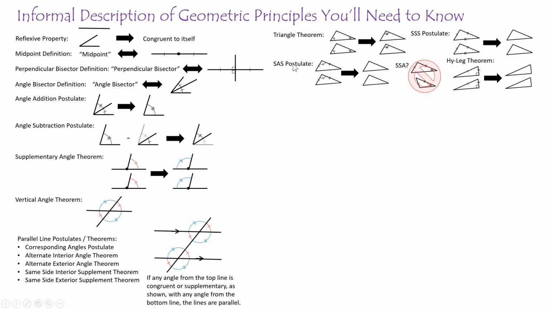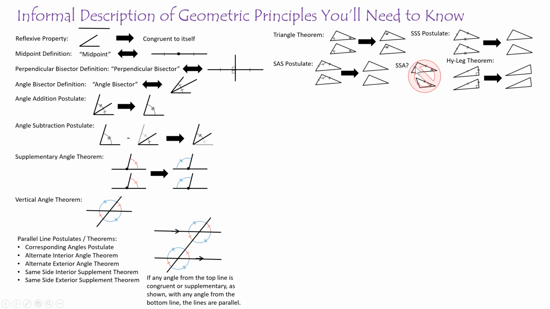We have the side-angle-side postulate that says if two corresponding sides are congruent, and the included angle is congruent, then the triangles are congruent. Now it has to be the included angle.